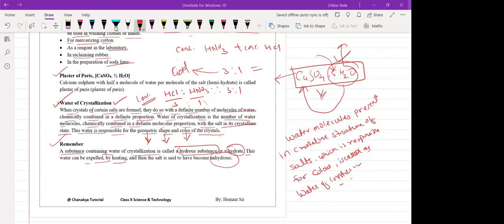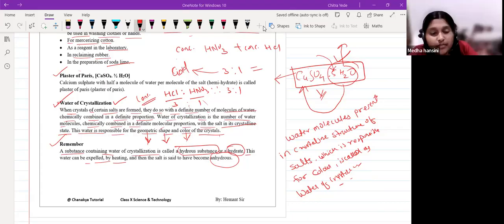Yuvan Karthik, are you there, beta? Any doubt? No, sir. Medha, Hanchini, any doubt, beta? No doubt.